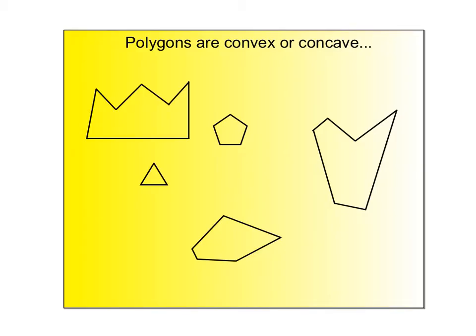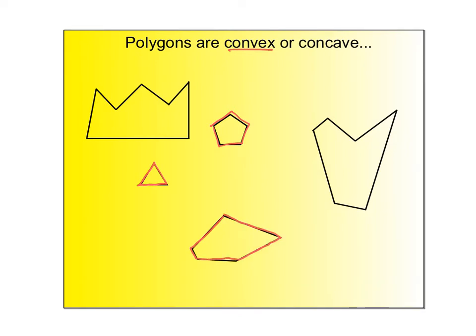Polygons can be convex or concave. The definition of a convex polygon is any polygon whose non-consecutive vertices can be connected by a diagonal, and that diagonal lies inside the polygon. So for example, I've got convex polygons here and here and here.